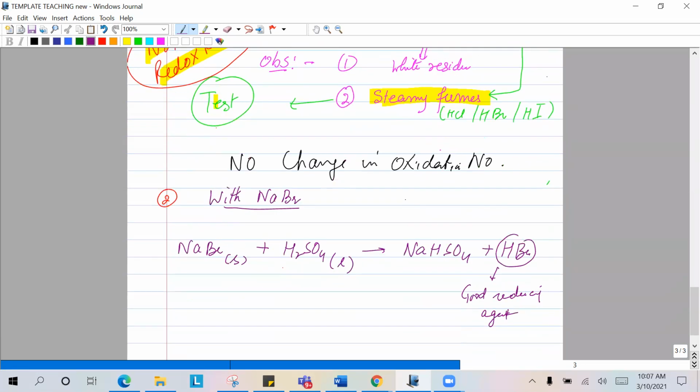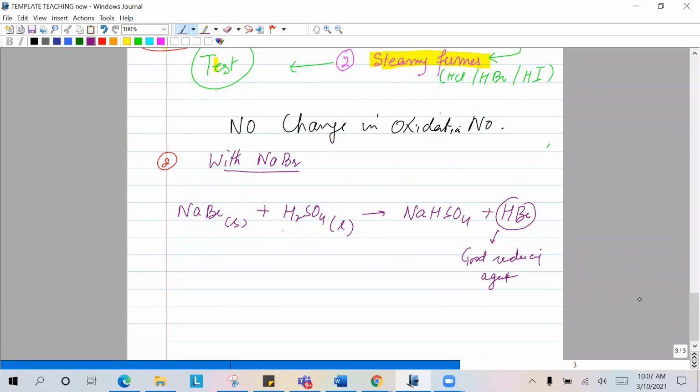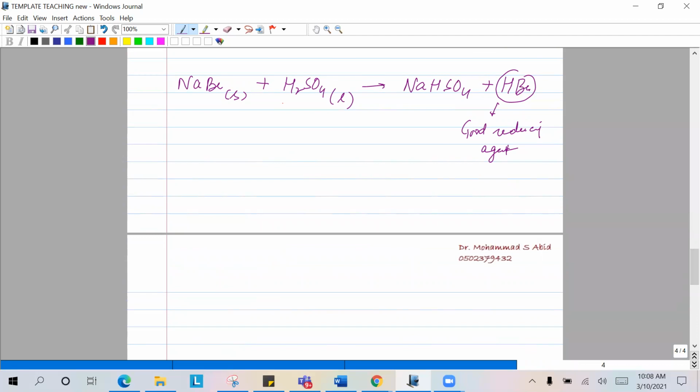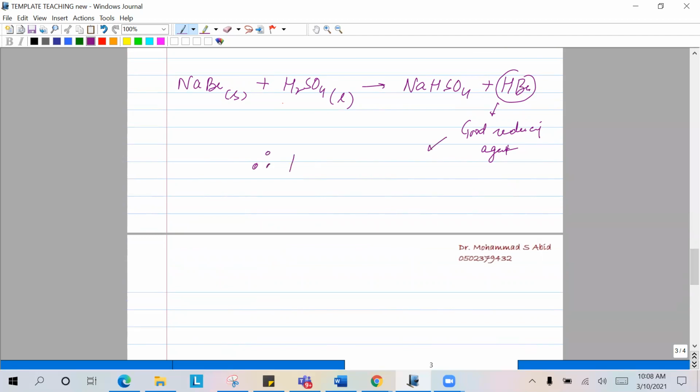The HBr, being a better reducing agent, reduces the H2SO4 to SO2. If it is reducing something, then the HBr itself is oxidized to Br2.